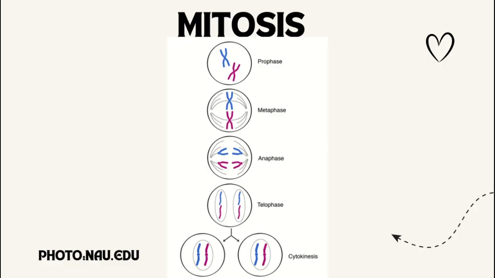And interphase comes before both mitosis and meiosis because it's like a resting stage. The cell is just growing, getting ready to divide. So basically in interphase, we're going to have DNA replication taking place. We're going to have the cell growing and then growing some more. That's really interphase, right? So the cell spends a lot of time in that stage.